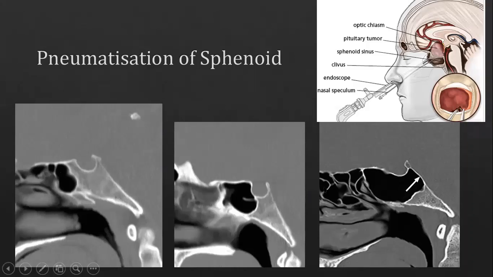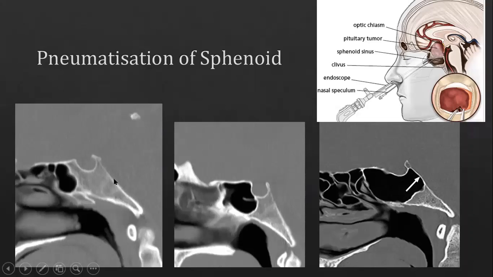And this one here has extended far deeper, reaching up to the posterior wall of the sella and the dorsum. This is a very well pneumatized sphenoid sinus, this is moderately pneumatized, and this is a poorly pneumatized sphenoid sinus. And you can understand the degree of bone drilling that has to be done to reach the appropriate site for the surgery.